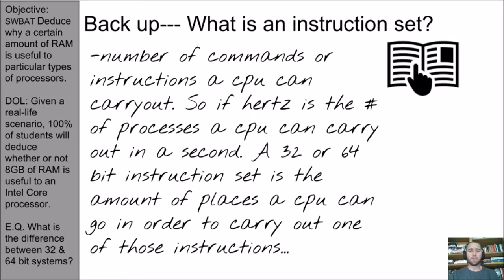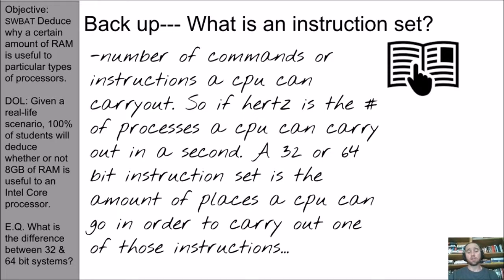Okay, so now that we're nailing down the fact that these numbers, the amount of RAM, that is storage, and the ability for a processor to process things, now that we have a number to associate with the processor, let's back up and just ask ourselves, what is an instruction set? It says here that it's a number of commands or instructions that a CPU can carry out.